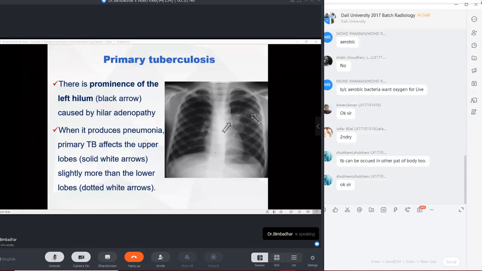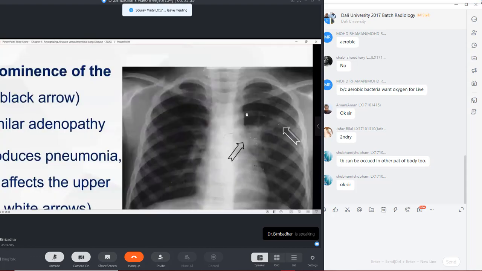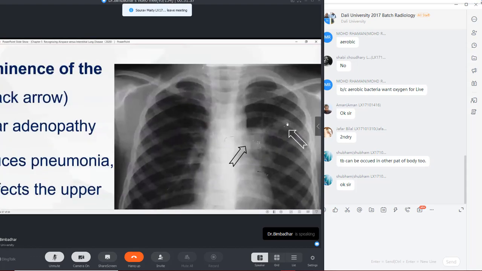And you see here, there is a prominence in the left hilum. You see here, there is a very small opacity present in the upper lobe of the left lung. And along the same way, there is a small opacity again present here on the left side of the heart along the aortic shadow. You can see a very clear demarcation.